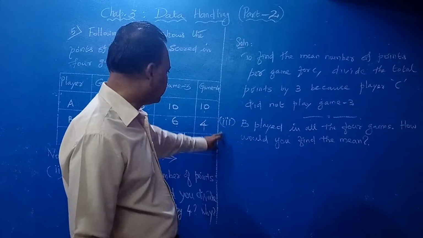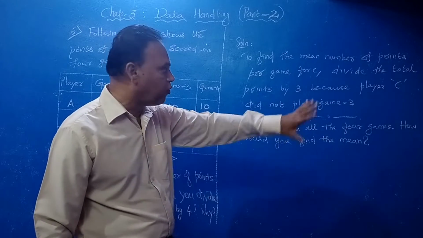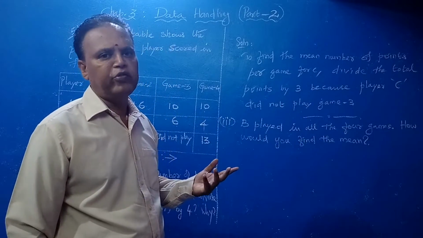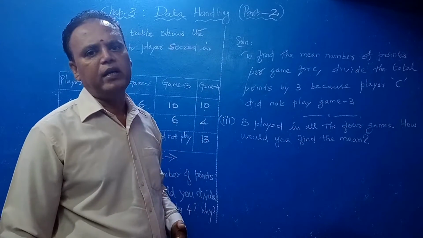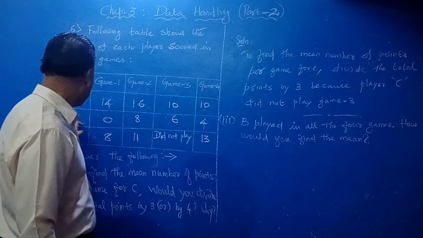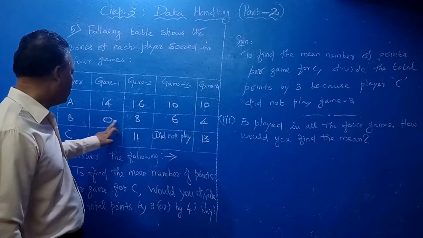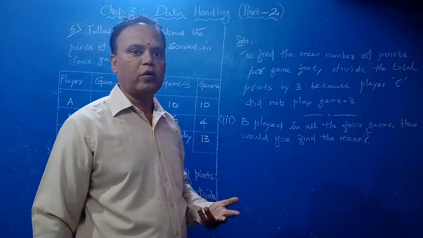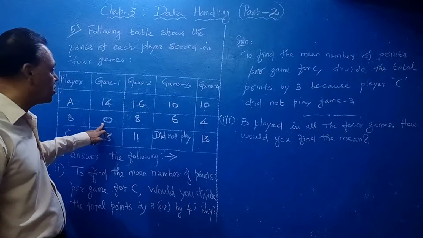The third one: B played in all the 4 games. So how would you find the mean? Same: mean means sum of all the observations divided by total number of observations. Player B has 4 scores. All the 4 scores you should add, divided by 4. Of course, here 0 is scored. Clear?